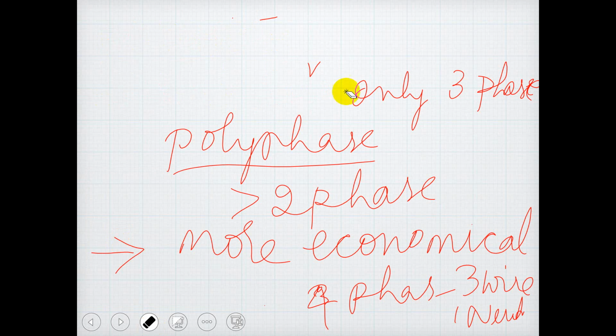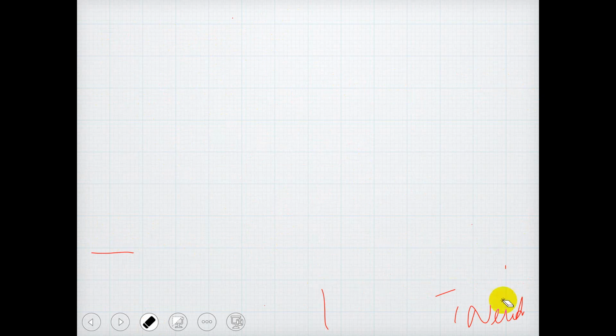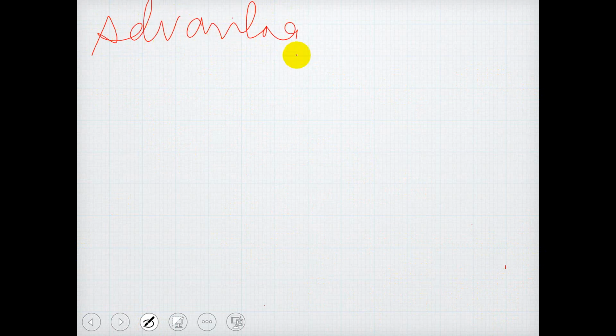Now coming to the advantages of the three-phase system. There are many advantages, out of which I will be listing only a few here. The first advantage is that the output of a three-phase machine is always greater than single phase.